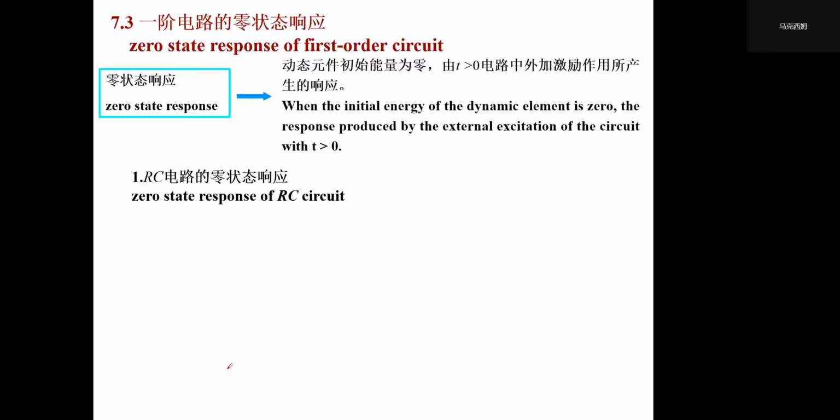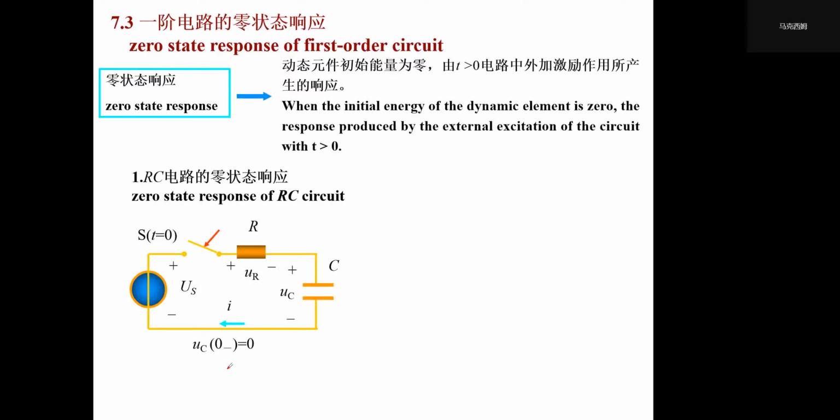Let's see the zero state response of the RC circuit. Here we have this one, RC and US. At time zero, we close the switch. So the differential equation, we can list it like this.